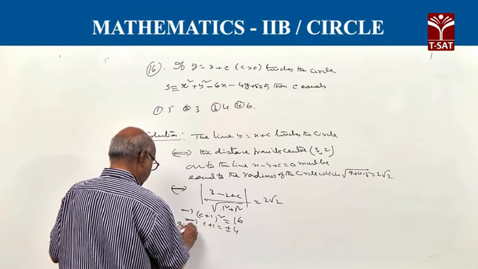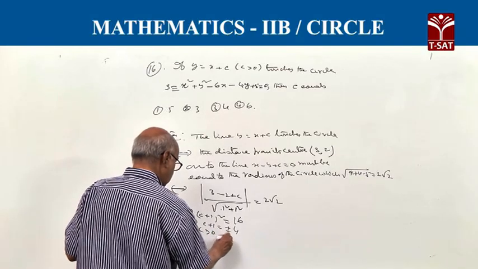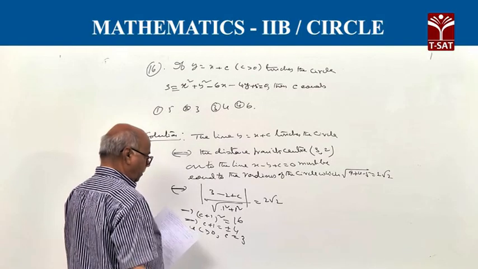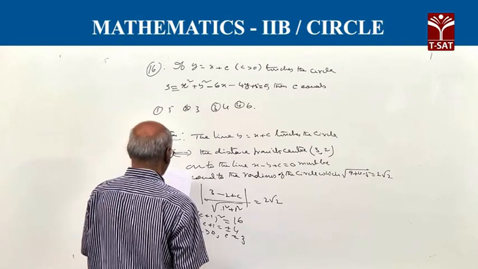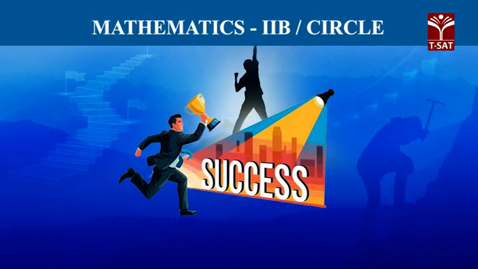Since c is greater than 0, c must be equal to 3 itself. So, the correct option is number 2.